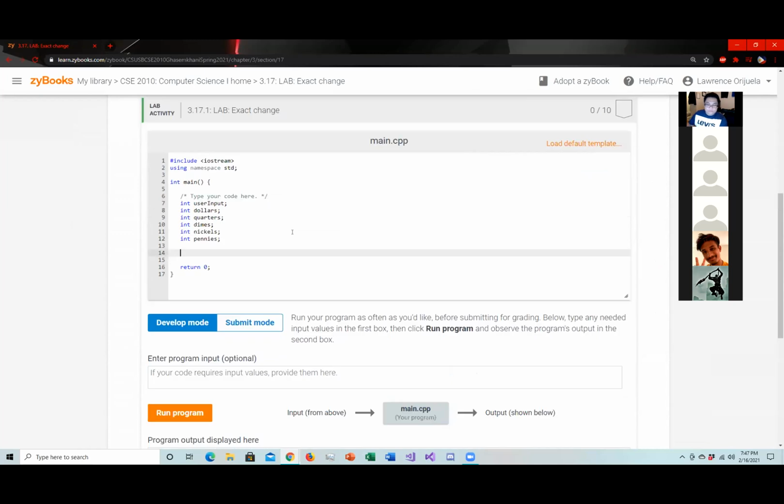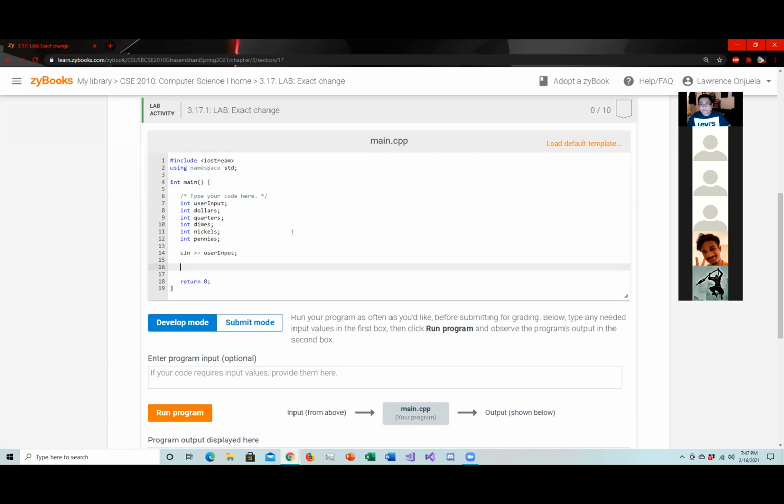Okay. So cin user input like that. Here's how we're gonna break this down. We're going to take the user input and divide that number by 100, and that will tell us how many dollars we have.